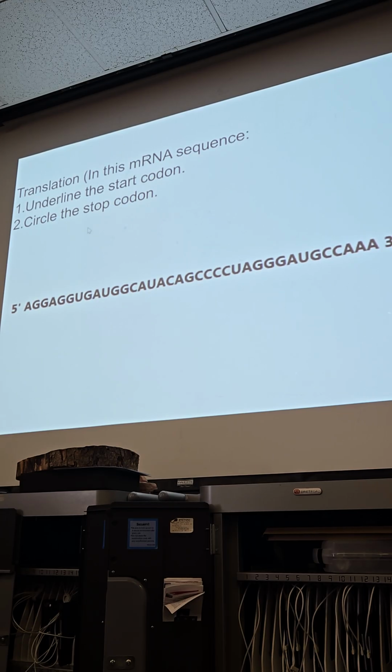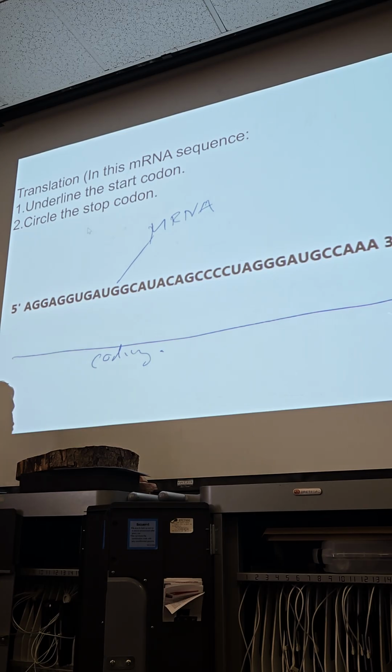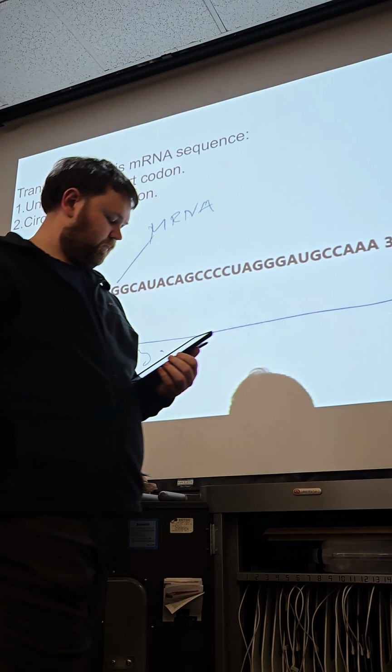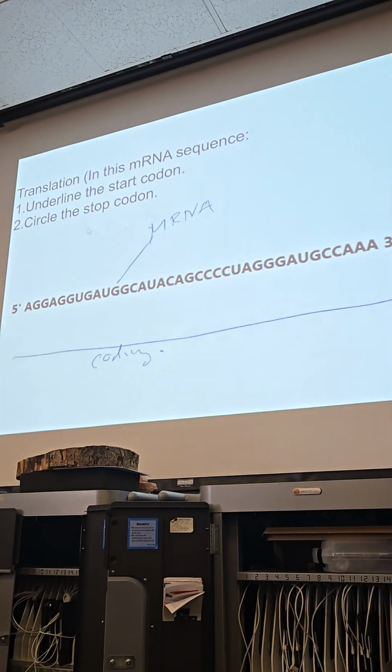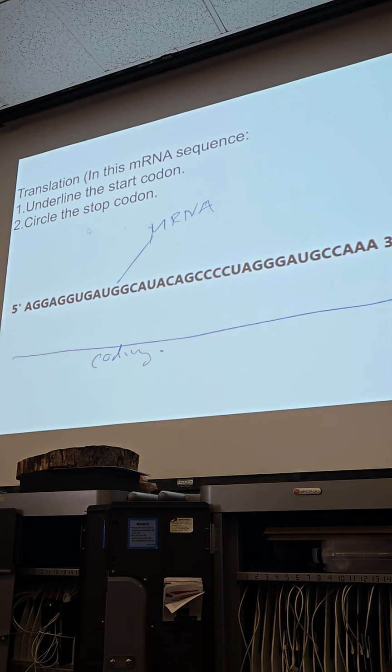Okay, so we've done this, so everybody knows this. This is my mRNA. Somebody tell me what the coding strand will be for this mRNA. What's the first three nucleotides? AGG.